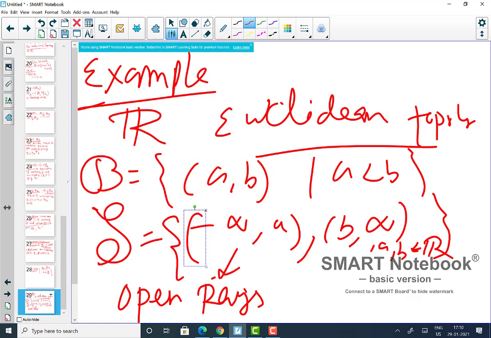Clear? So this is one example. Now you can try to find other examples from other topologies.